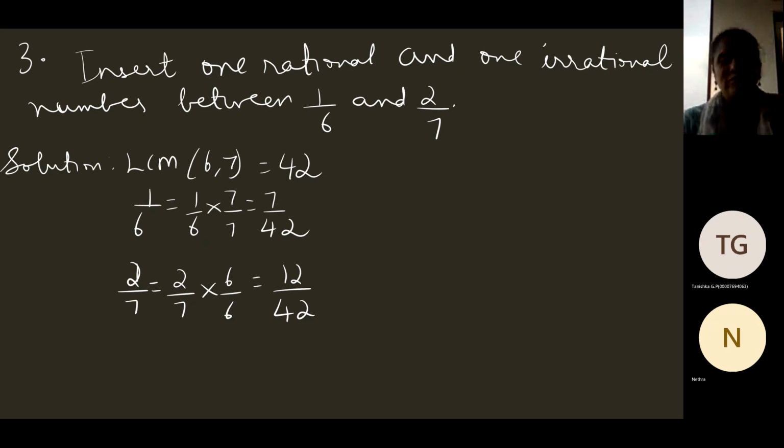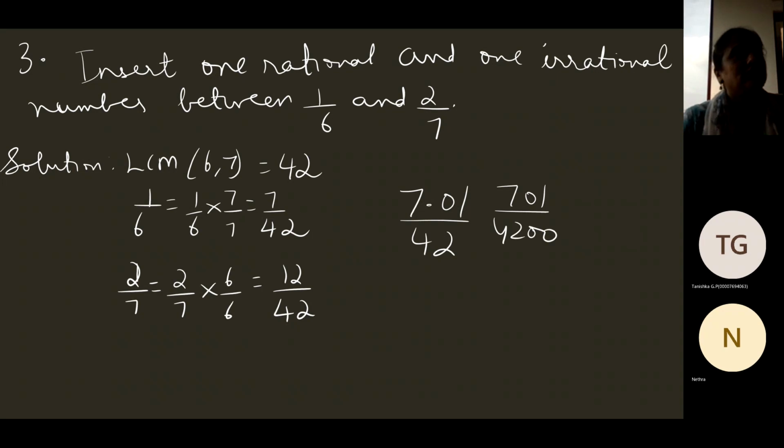For example, you can write 7.01 by 42. Does 7.01 lie between 7 and 12? Yes, it does. So you can write 7.01 by 42. What is that? It is 701 by 4200.